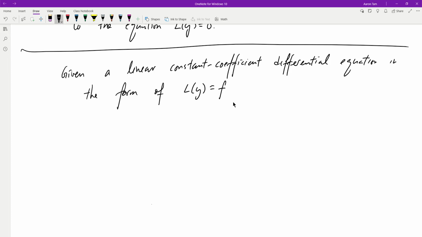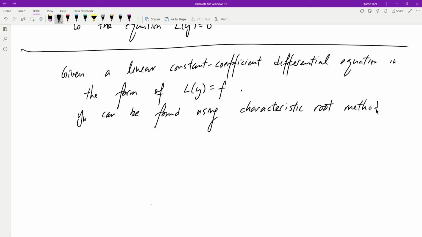So given this linear constant coefficient differential equation, we know that the homogeneous solution y sub h can be found using what we call the characteristic roots method, which is what we learned in 11.1 and 11.2.